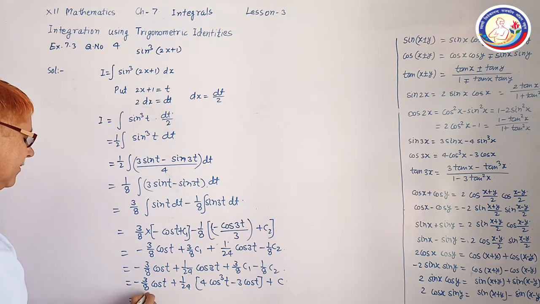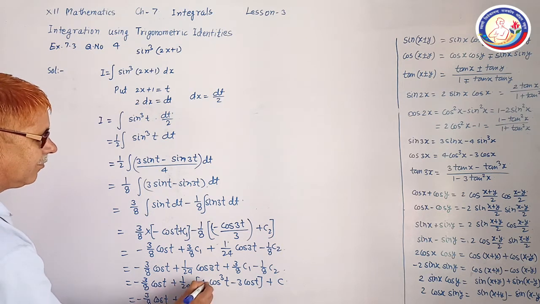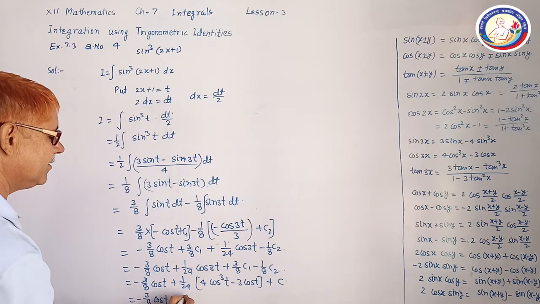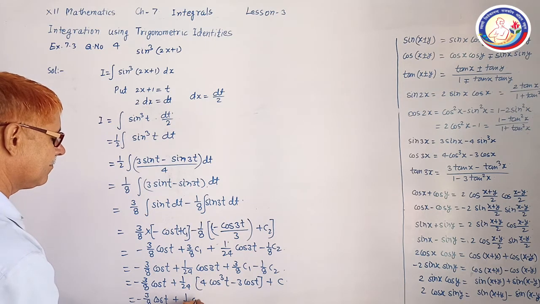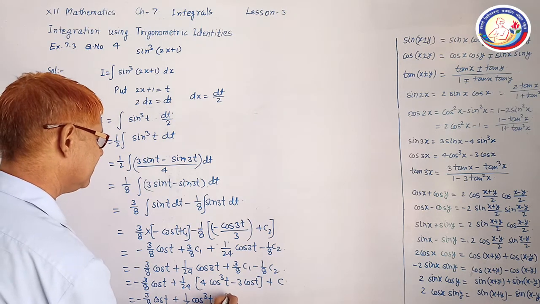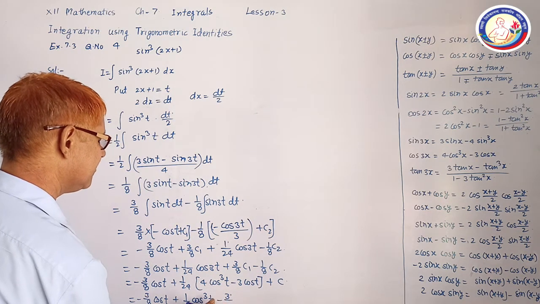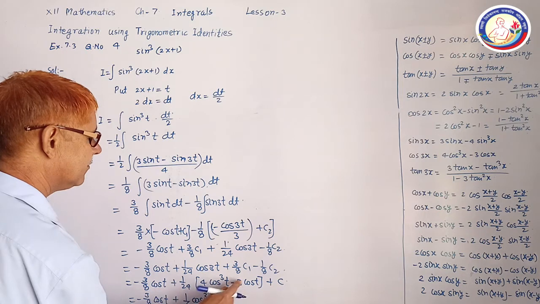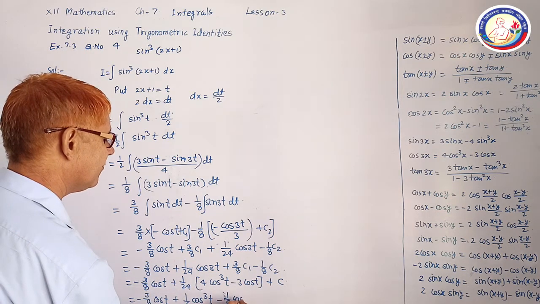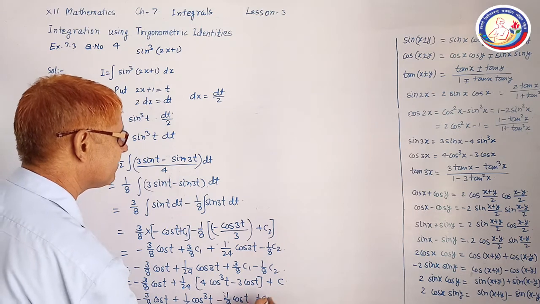Simplify this, we will get minus 3 by 8 cos t plus 4 in 4. When we simplify 4 by 24, it is 1 by 6 cos cube t and minus 3 by 24, that is 1 by 8. 3 divides 24 8 times, 1 by 8 cos t plus c.